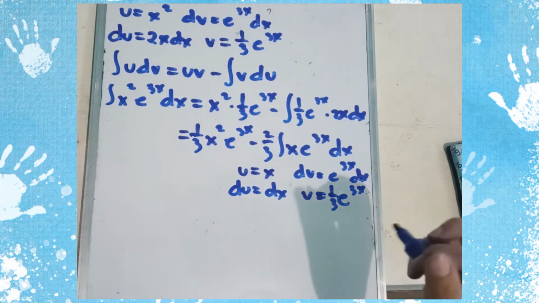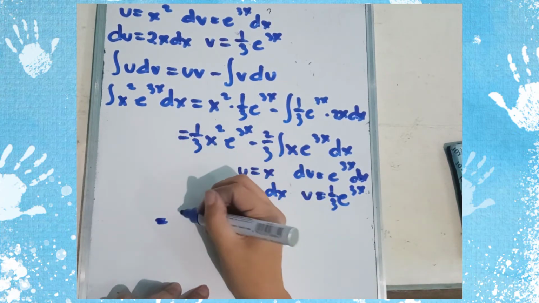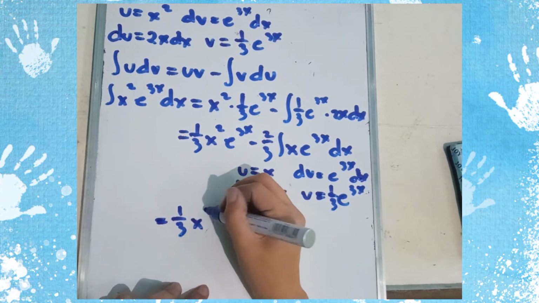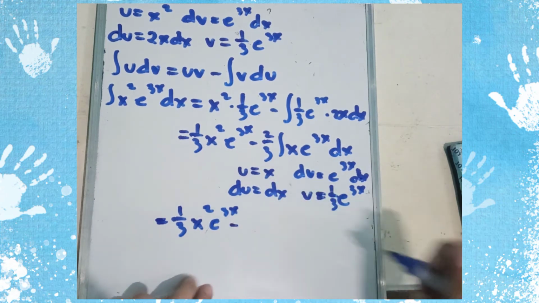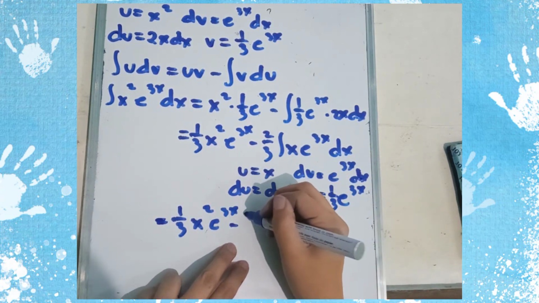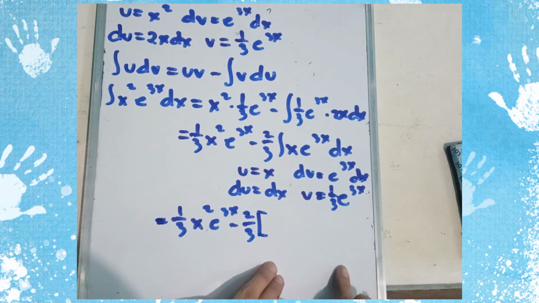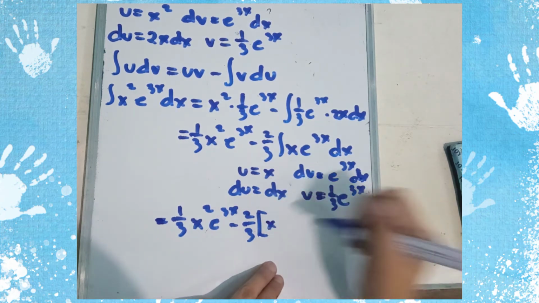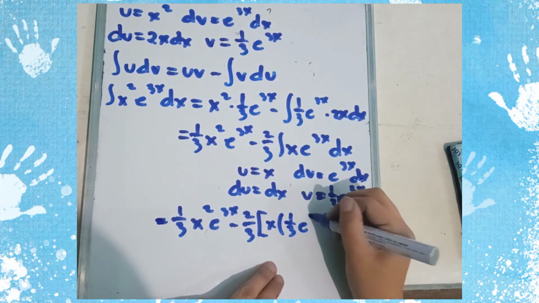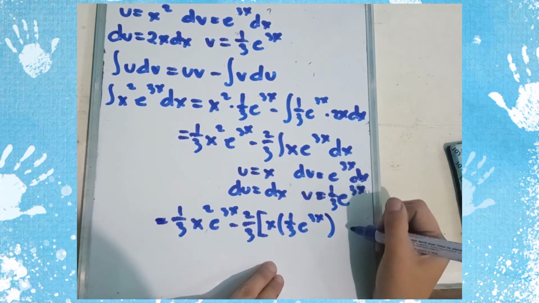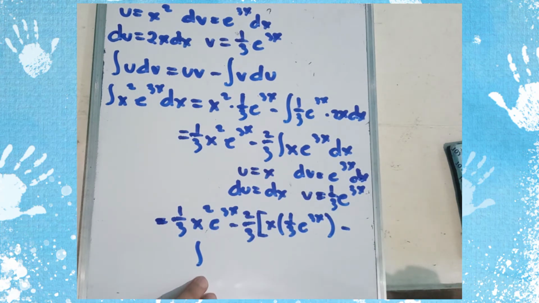So going back here, that's 1/3 x squared e to the power of 3x minus 2/3 times uv, so that's x times 1/3 e to the power of 3x, minus the integral of v du.